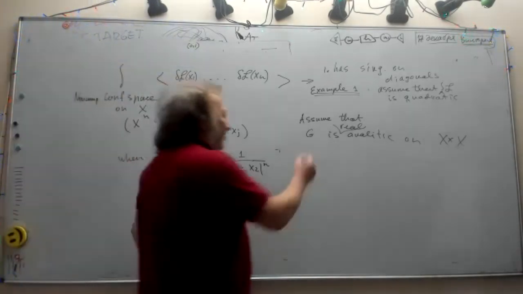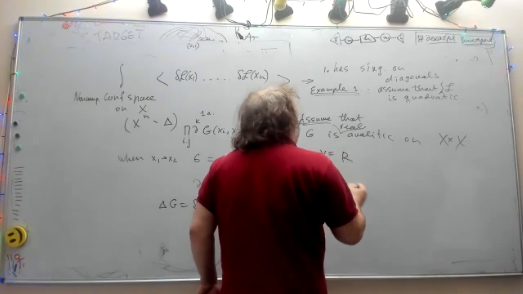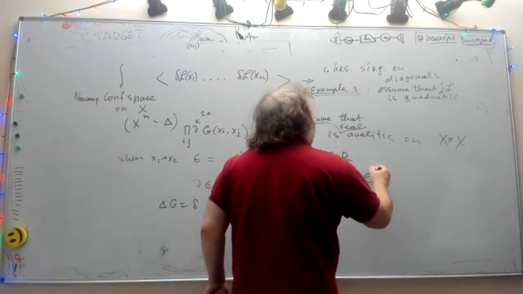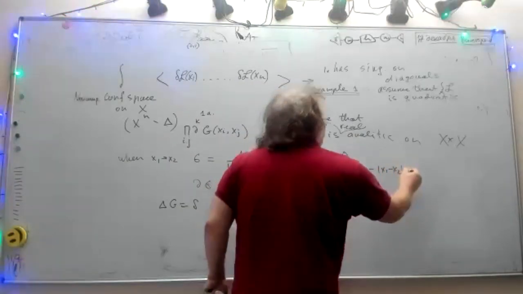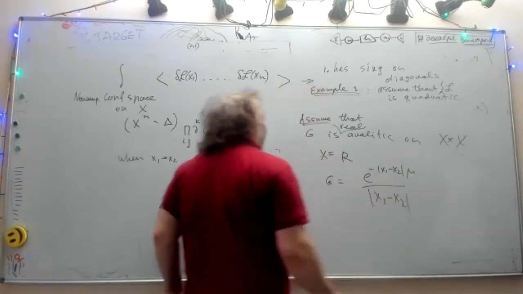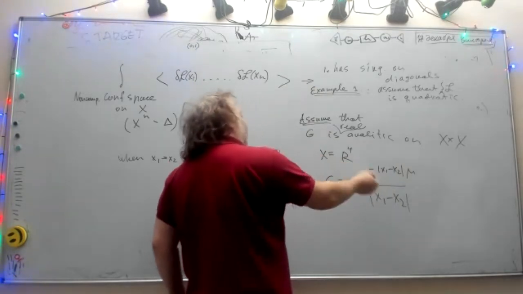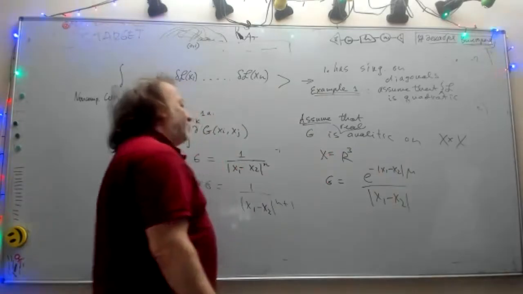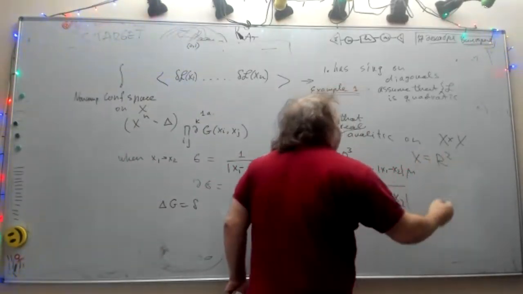So when I say assume, I mean that if X is like R, typically the Green function is something like an exponential of mu times the modulus of x1 minus x2. Say, for R3 or R4, just something like this. For when X is R2, you have the Bessel function.